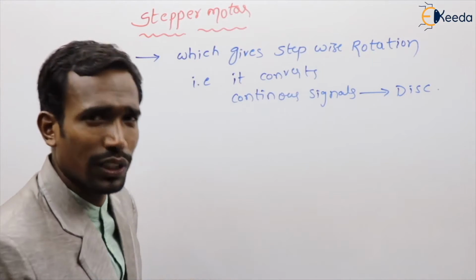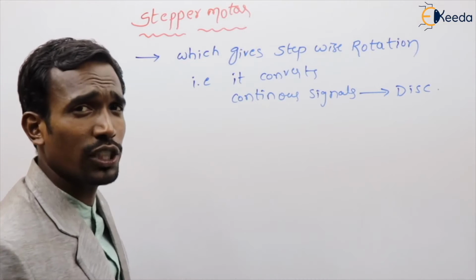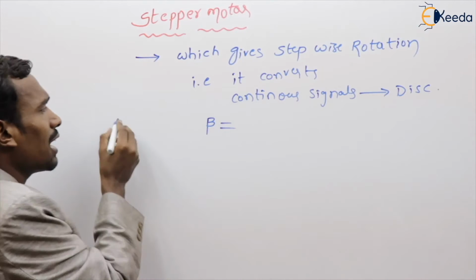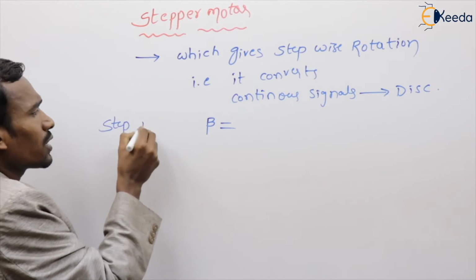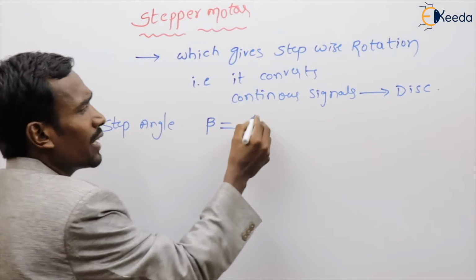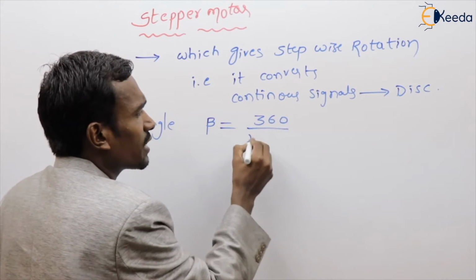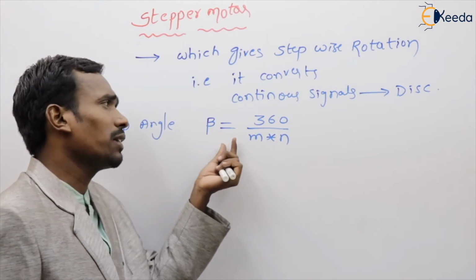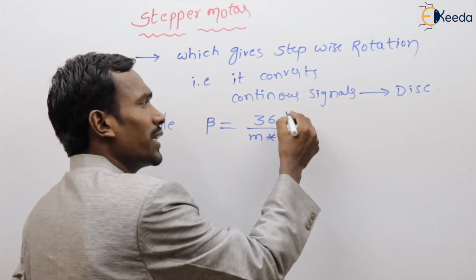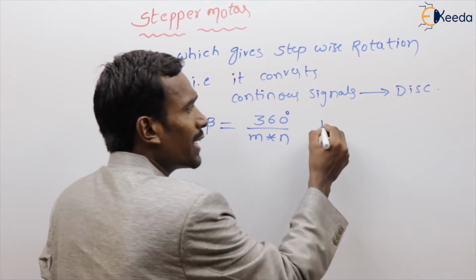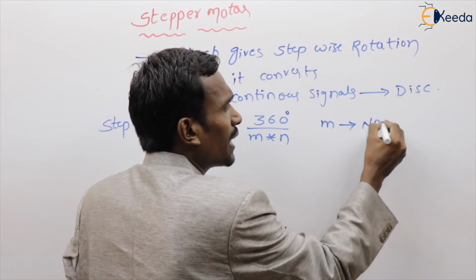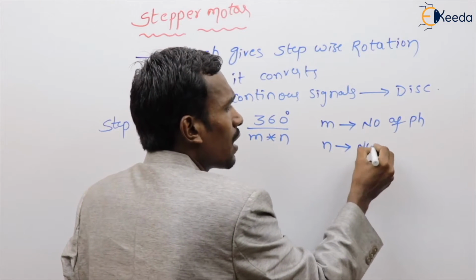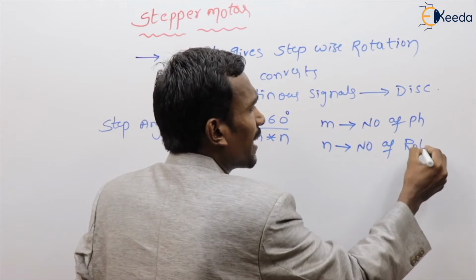Which gives stepwise rotation. They will ask you a question: what is the step angle? The step angle beta is equal to 360 degrees divided by m into n, where m is the number of phases and n is the number of rotor teeth.